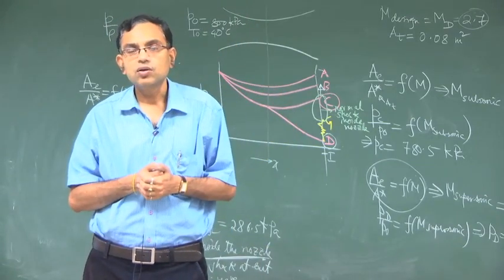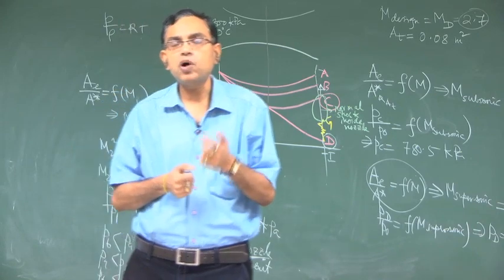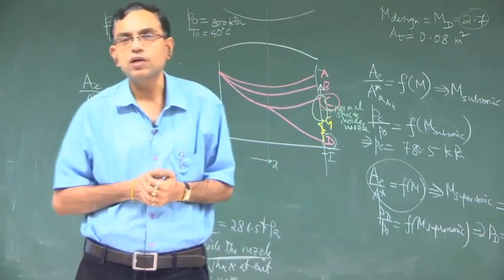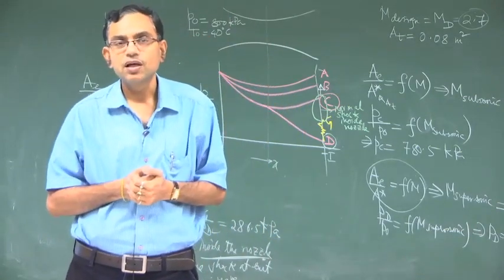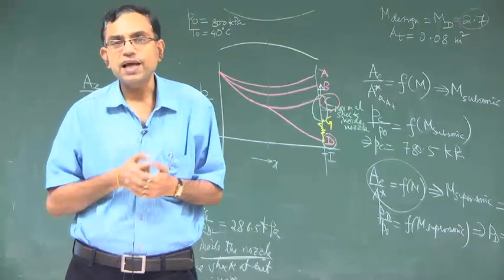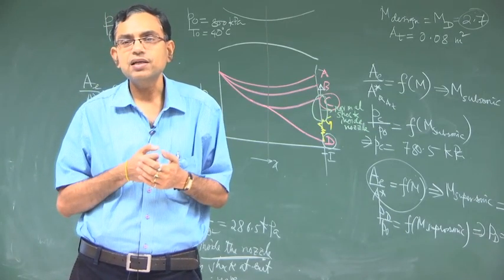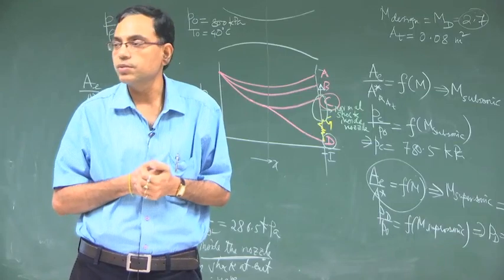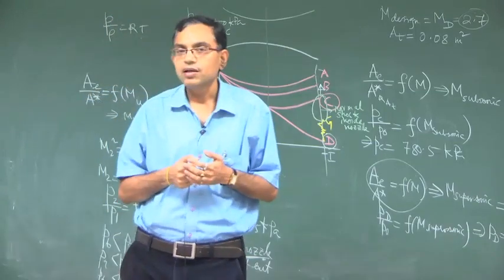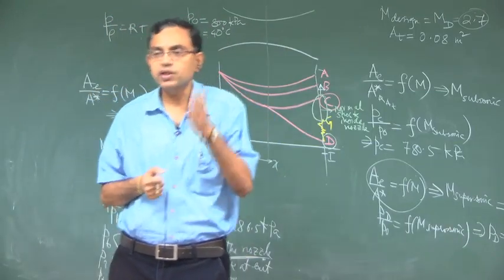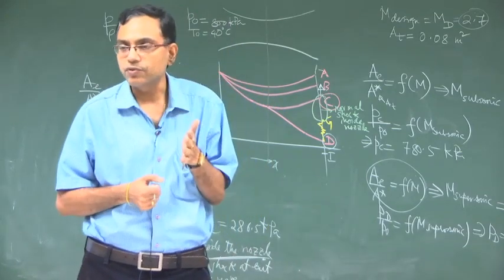However, we have made two important assumptions for our calculations. One is the flow is adiabatic, and second the flow is reversible, because except for the location of the shock we have assumed isentropic flow.